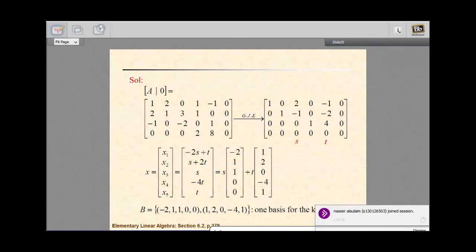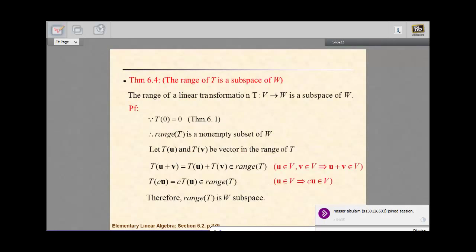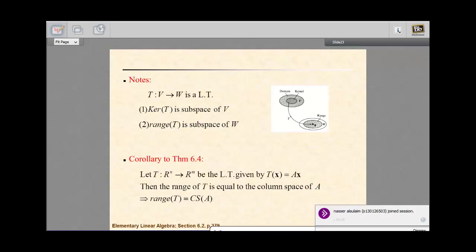These things I showed you in my face-to-face class. There are 2 points that we have to remember. Kernel of T is a subspace of V, and the range of T is a subspace of W. So from this figure we get an idea about what the kernel and the range of T are.